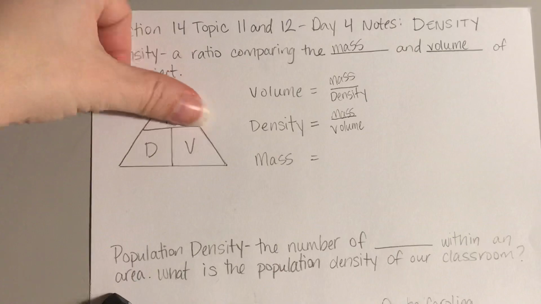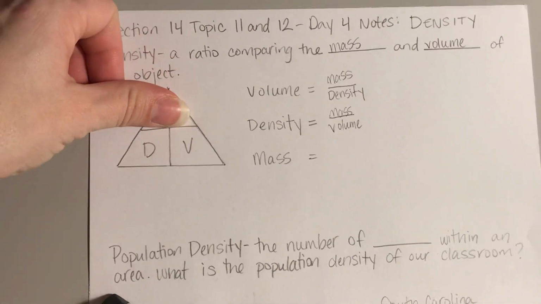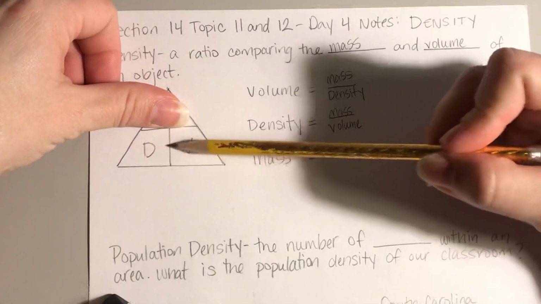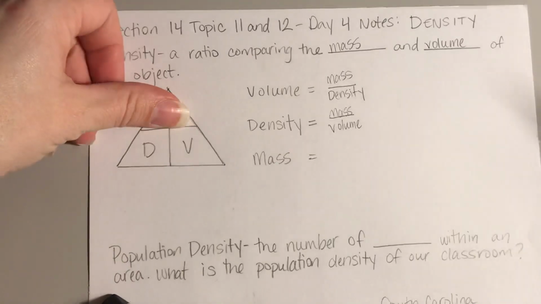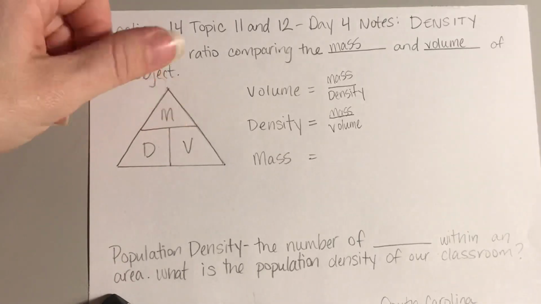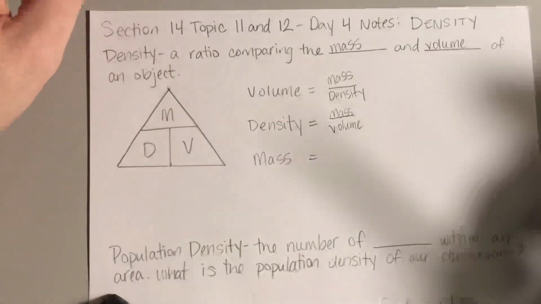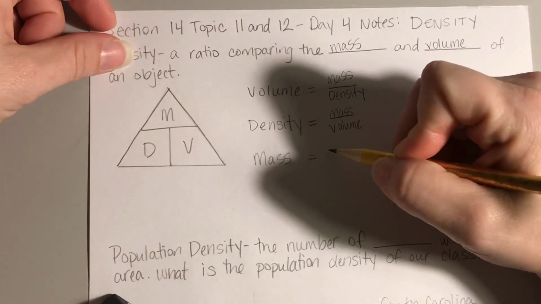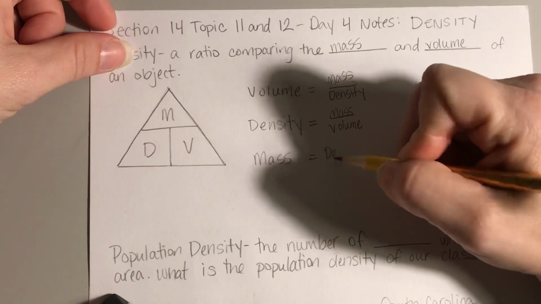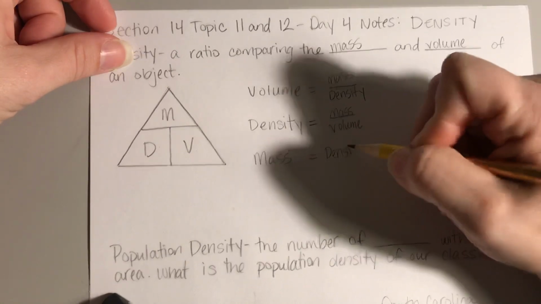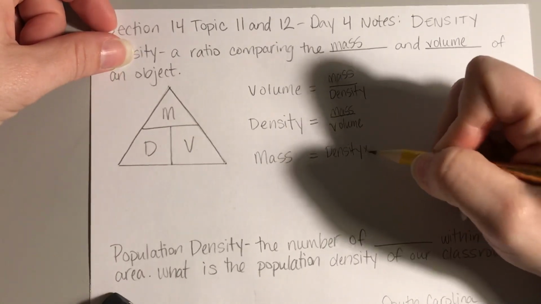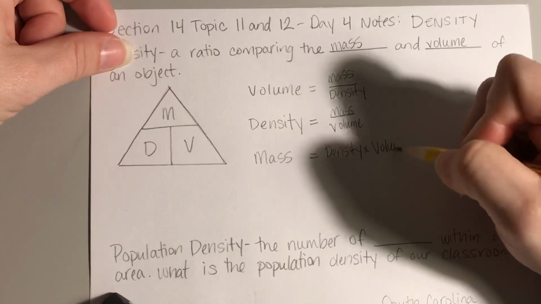If we want to solve for mass, cover that up. Then we have density next to volume. So what operation do you think is going to be used there? It's not division. We don't have something over another. It's the inverse of that, which is multiplication. So mass is equal to density times the volume.